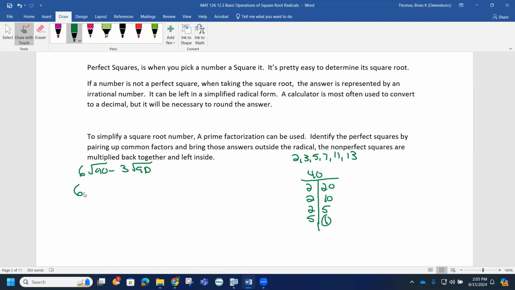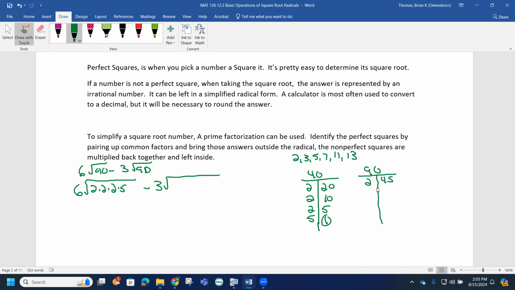So this gets changed into 6 times the square root of 2 times 2 times 2 times 5, minus 3 times the square root of, and let's look at this 90. Again, you can use a calculator for this as well, but 2 does go into 90 because half of 90 is 45. From there, 2 does not go into 45 because 45 is an odd number.